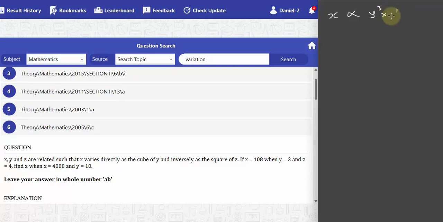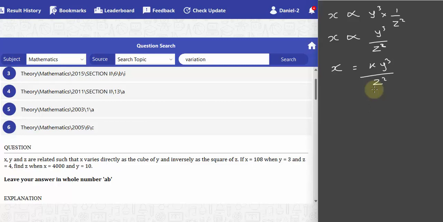Inversely means 1 over, then the square of z, so z squared. If you make this compact, it becomes y raised to power 3 divided by z raised to power 2. So this is the relationship. And if you want to take away the sign of proportionality, you multiply with a constant, and this is what you get.